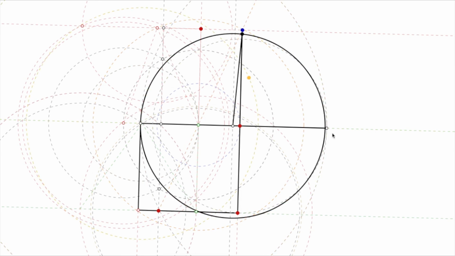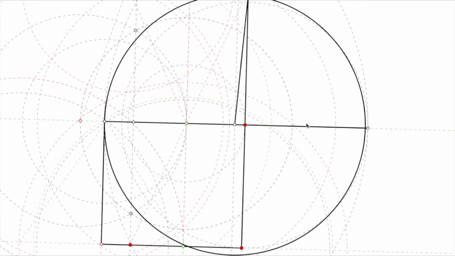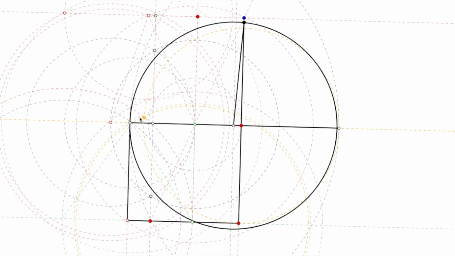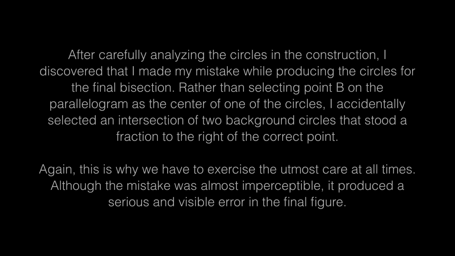And I've just noticed that despite all my care, I seem to have somehow misplaced a point somewhere, because these two should line up, I believe. And somehow they don't. I'm not sure what happened there. Oh well, but that's okay. You can see at least that this is, yet again, a lesson in why we need to be so careful.